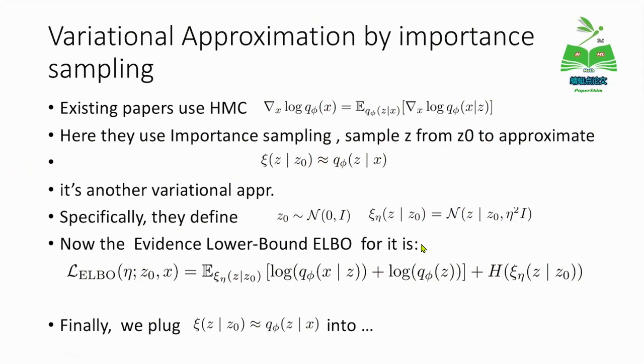Then the authors of the previous existing paper use HMC, Hamiltonian Monte Carlo, so they go back to MC again. Let's ignore it. Here they can apply the importance sampling, because this is the distribution.